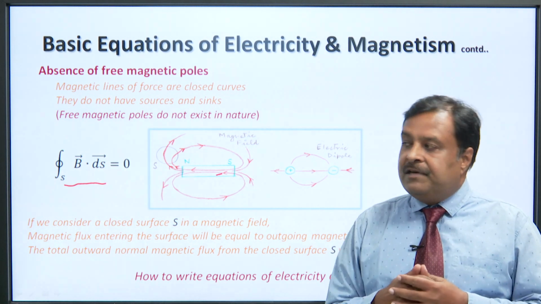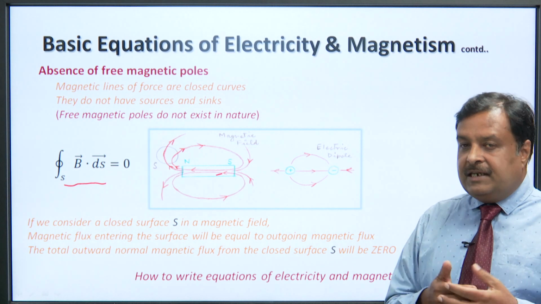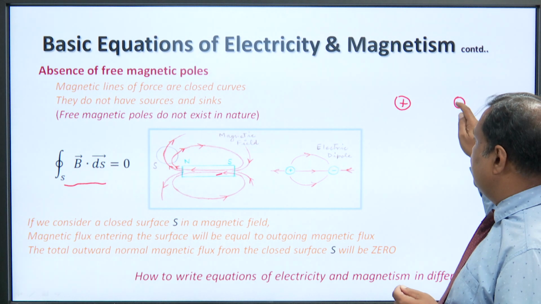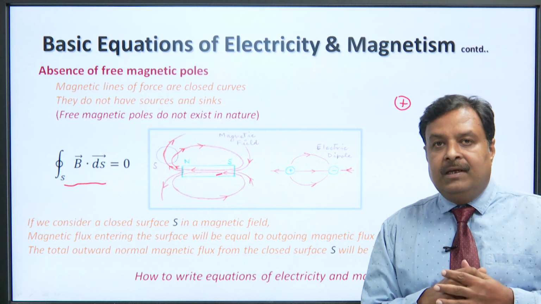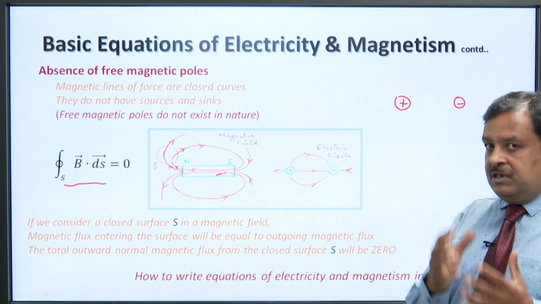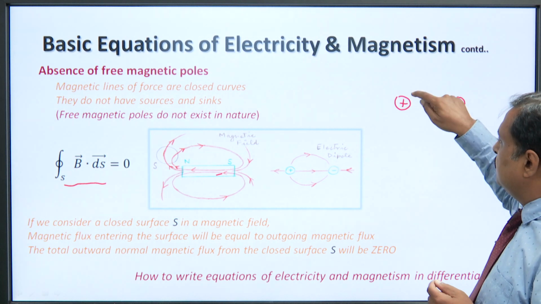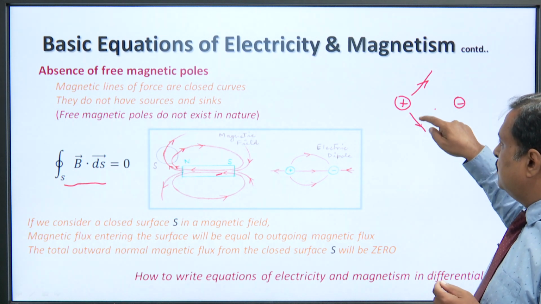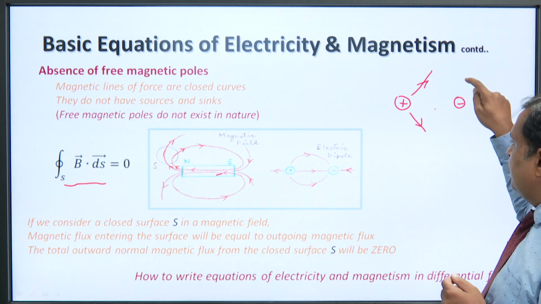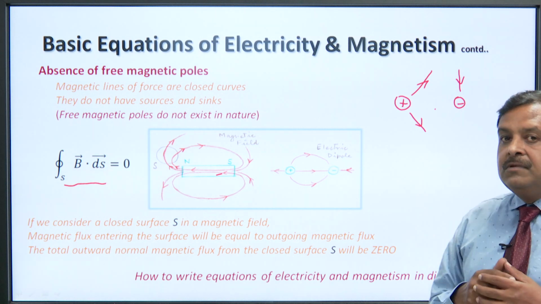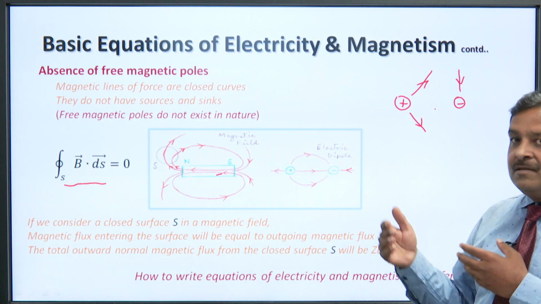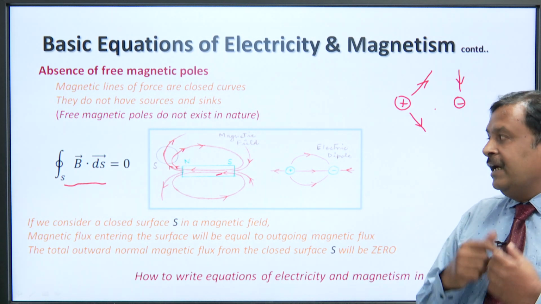Now, compare it with the electric field. In electricity, you have free positive and negative charges. The direction of electric field due to a positive charge is away from the positive charge, while the electric field due to a negative charge has the direction towards the negative charge.